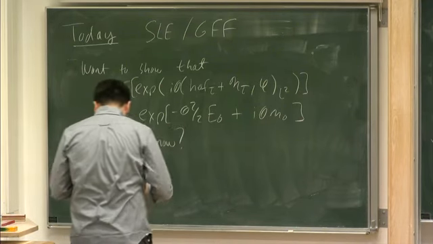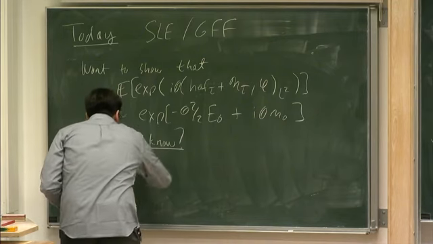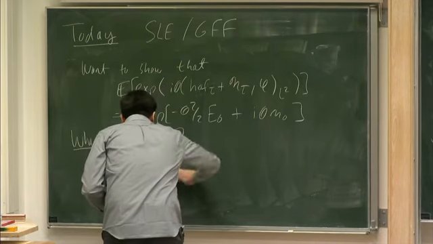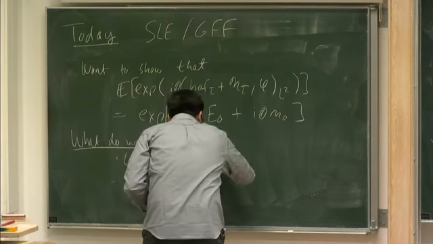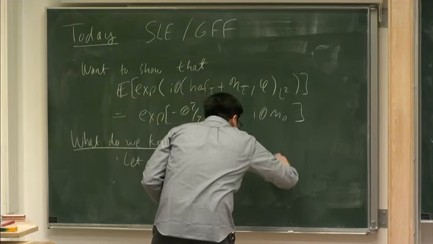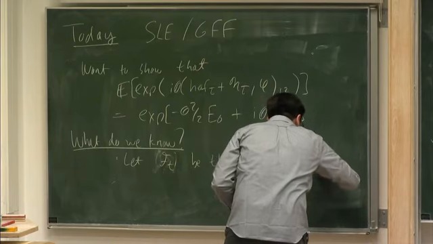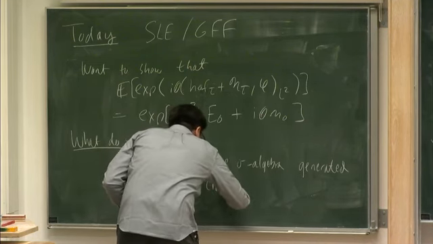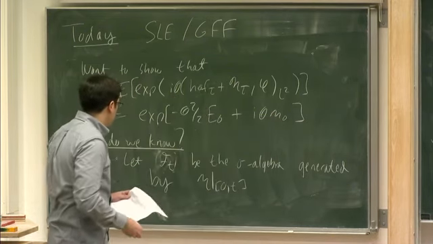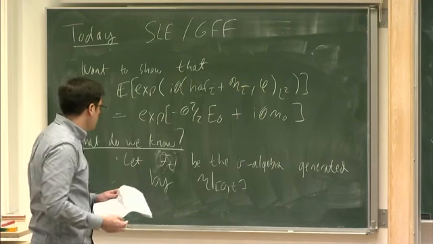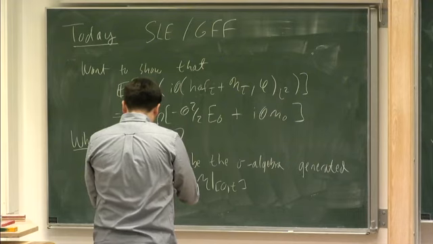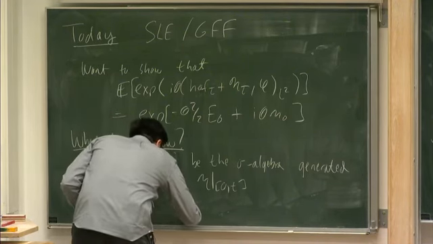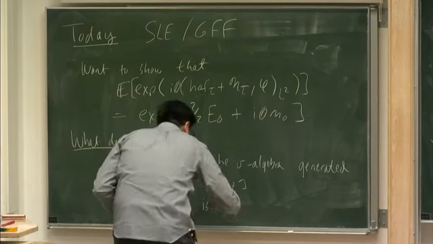And what do we know? Well, if I let calligraphic f sub t be the sigma algebra generated by my SLE path up to time t, which is the same thing as the sigma algebra generated by the driving function up to time t, then we know that f sub t, the centered Loevner map at time t, is F_t measurable.